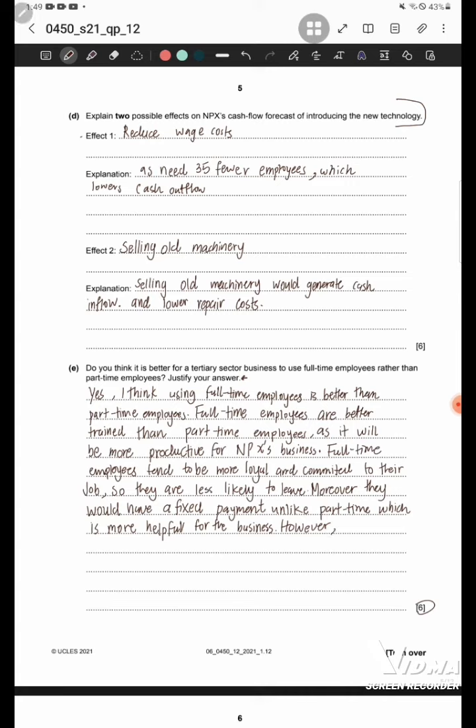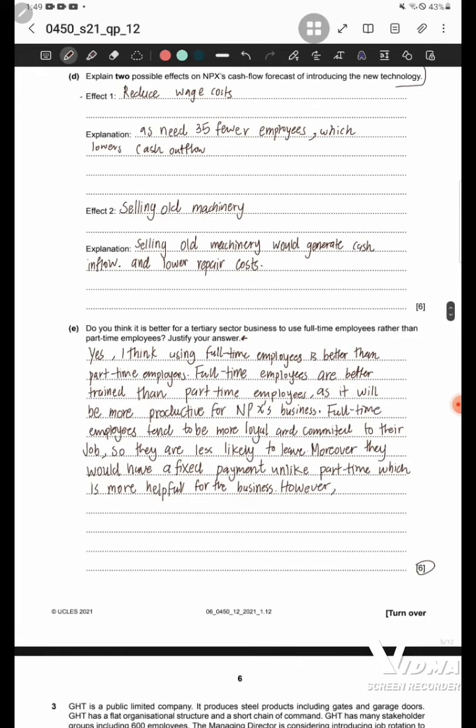So the first one I could think of would be that their training would cost the business. Training, and it's time consuming.